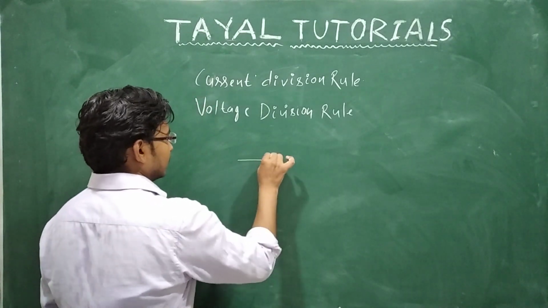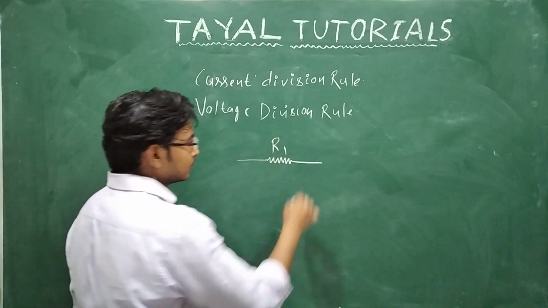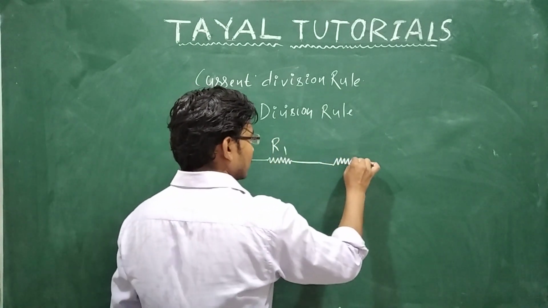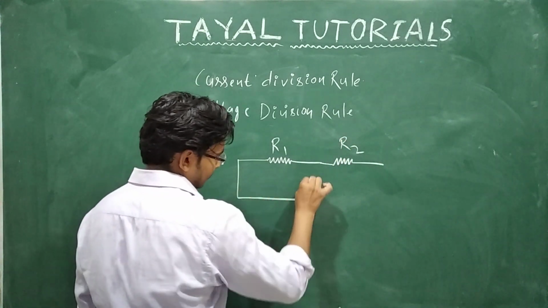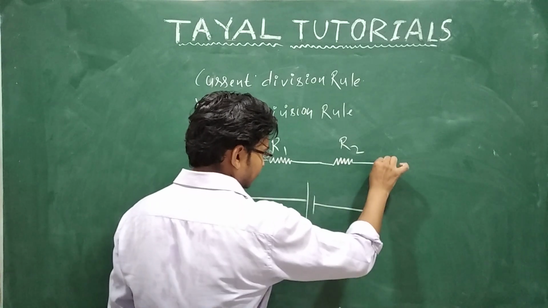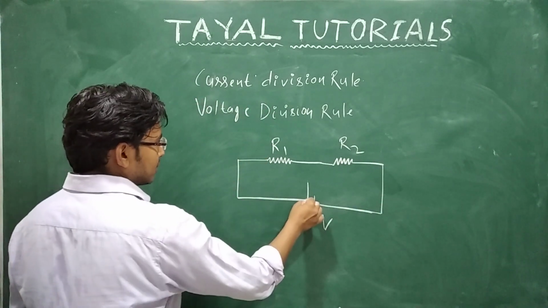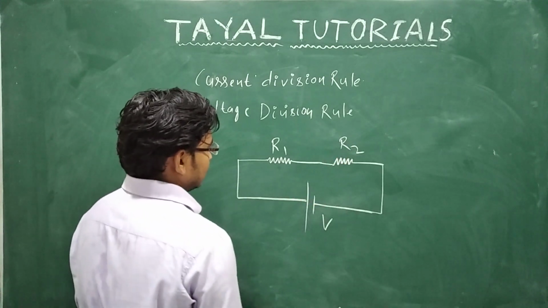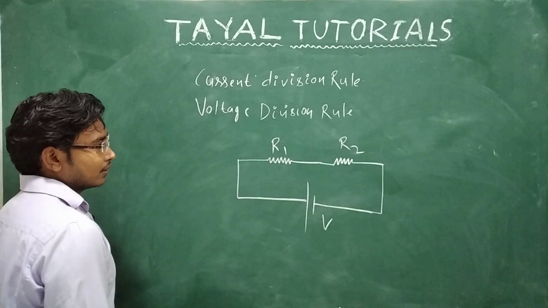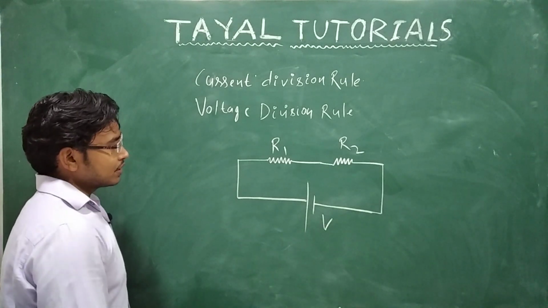First, this is R1. This is R2 and this is your voltage source V. If I want to get the voltage across R1 and R2, one way is to get the current and then find the drop across them. The other way is the voltage division rule.